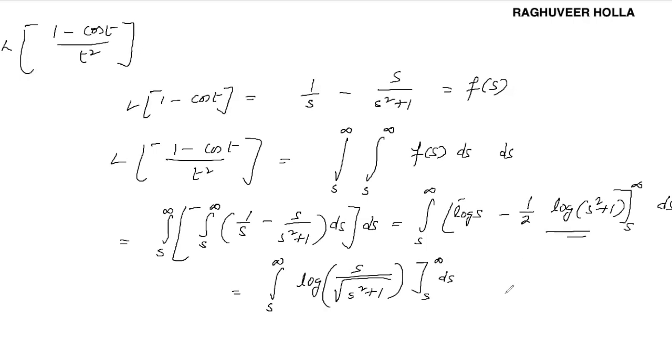Then applying the limits, we get s to infinity, this will be log square root of s square plus 1 by s into ds.